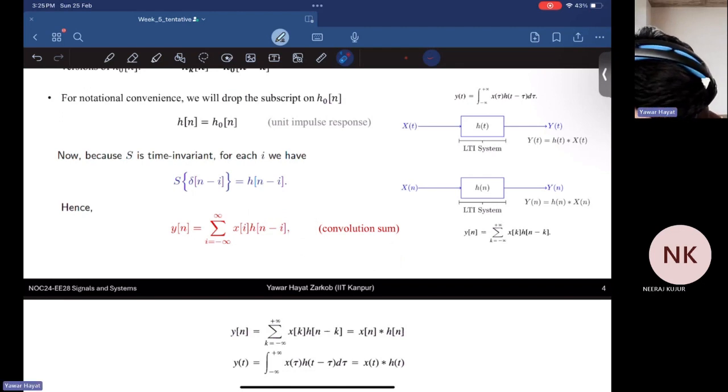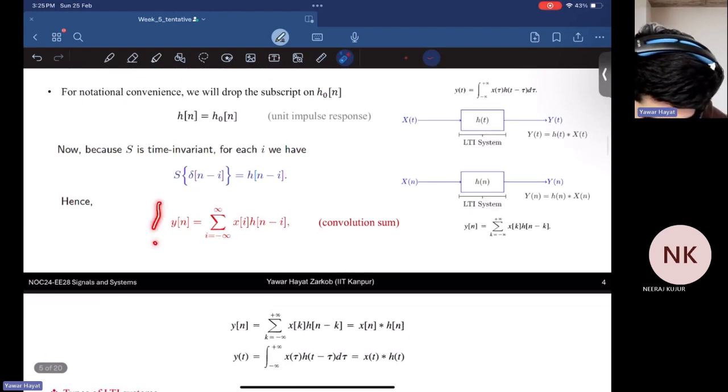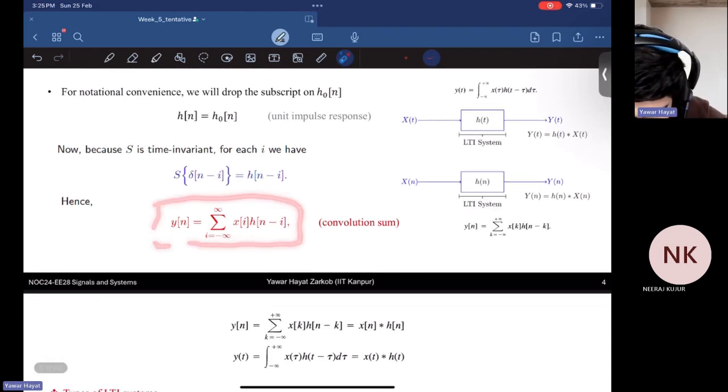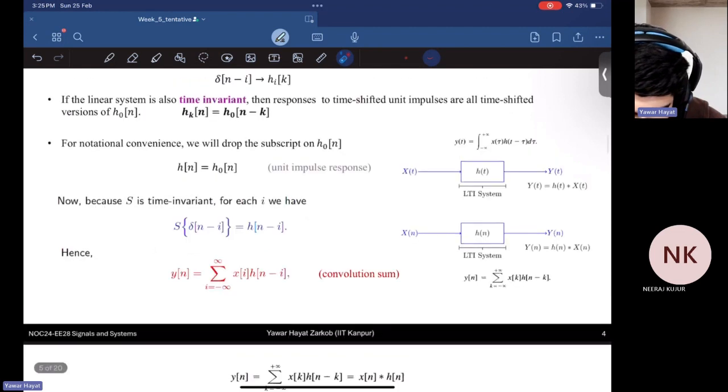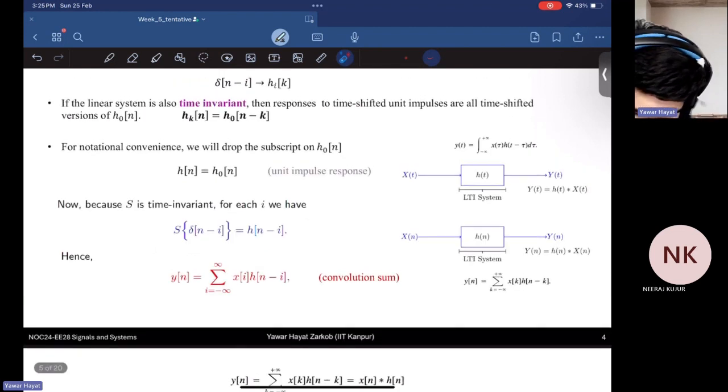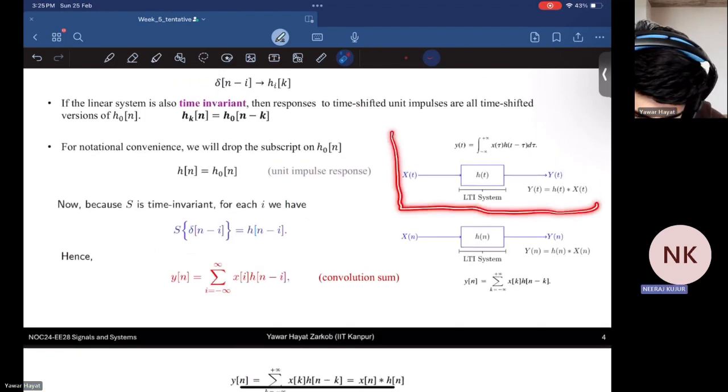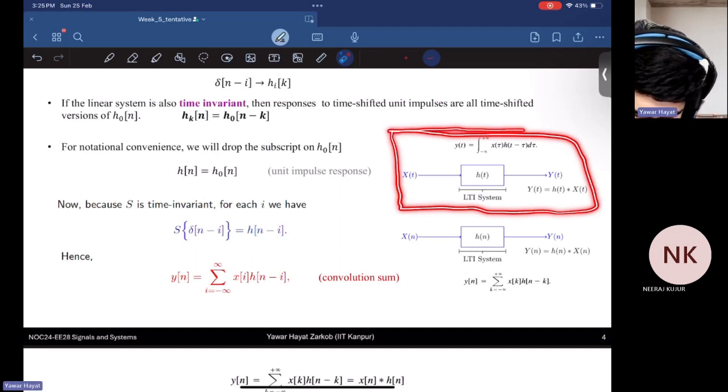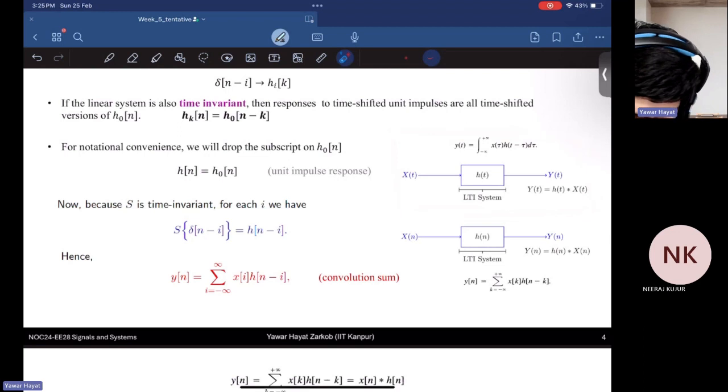Okay, so given an LTI system, as I said, we developed motivation for this convolution sum in the discrete time case. So now we'll draw a parallel case, and I hope we'll get the motivation for the continuous time case.